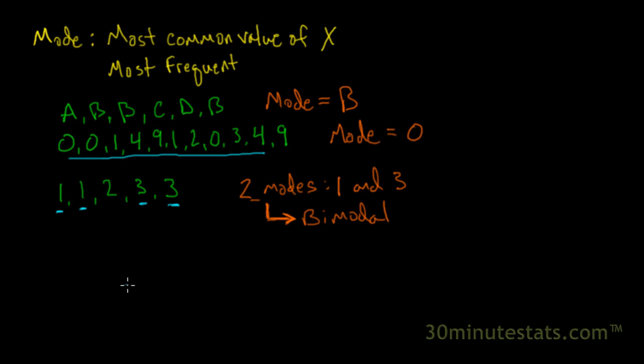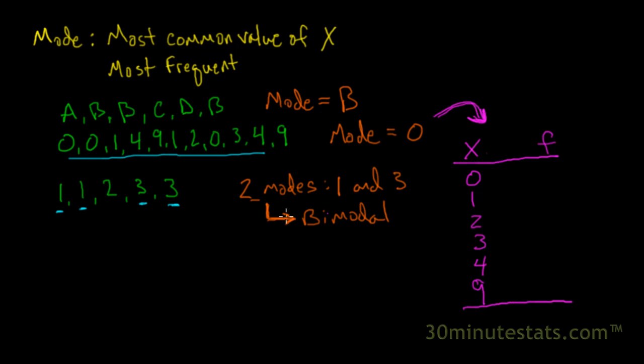Frequently it's easier just to use a frequency distribution and look at the frequency distribution of the variable, and we'll see how to find the mode from a frequency distribution. So let's create a frequency distribution for our second example here. We'll just call this variable x, and the rank ordered values are 0, 1, 2, 3, 4, and 9.